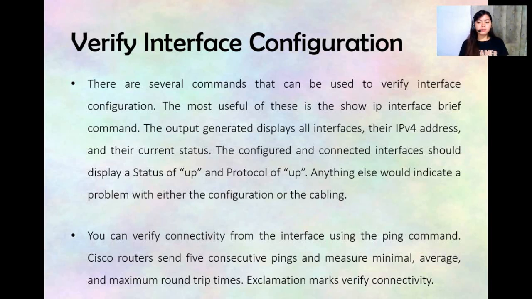Anything else would indicate a problem with either the configuration or the cabling. You can verify connectivity from the interface using the ping command. Cisco routers send five consecutive pings and measure minimum, average, and maximum round-trip times. Exclamation marks verify connectivity.